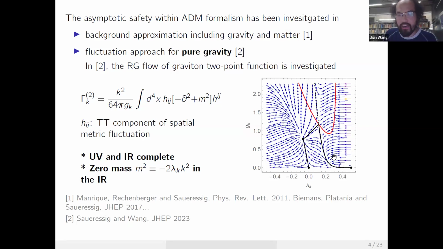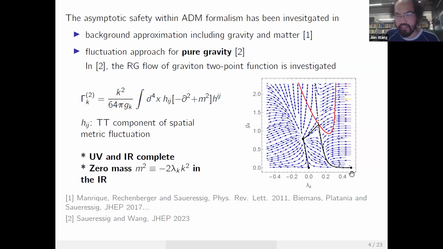Not only that, we found that the RG trajectories bounded by the black lines, which connect those fixed points, have the same infrared limit, which leads to zero mass.